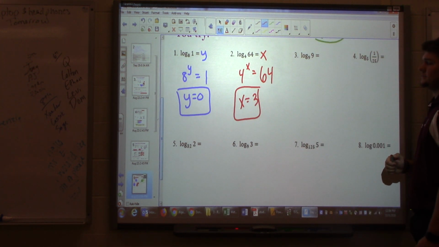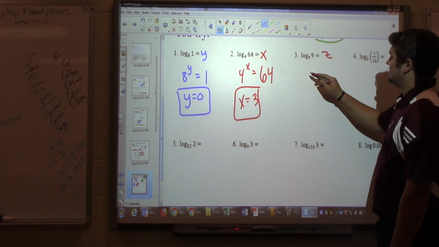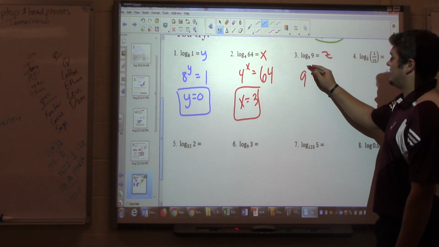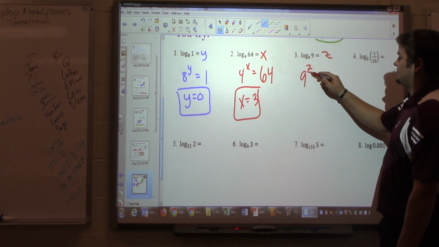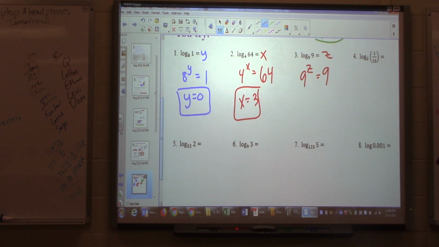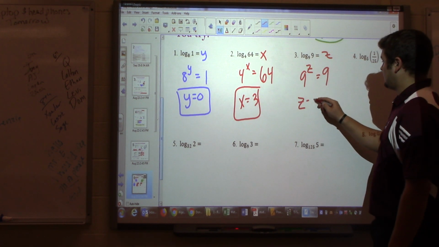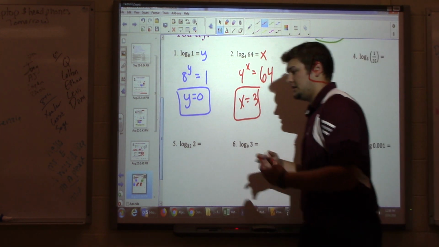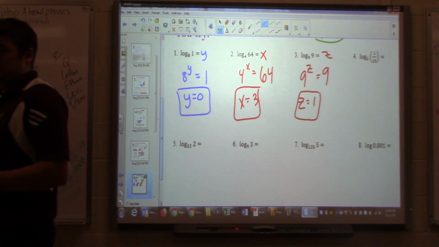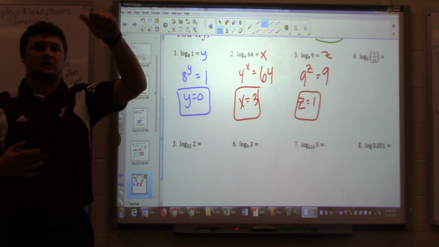Alright, log base 9 of 9 equals, let's say, z. The base of my log is 9, and what my log equals is my exponent, equal to what I'm taking the log of. 9 to what power equals 9? The first. So z equals 1. Alright, how did we do on those three? Good.